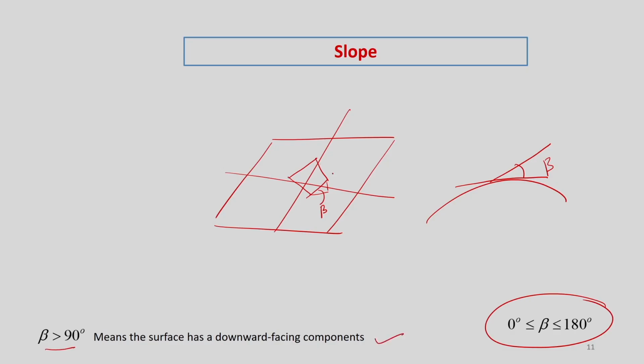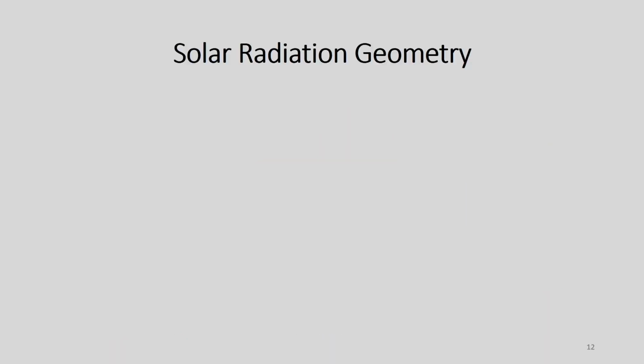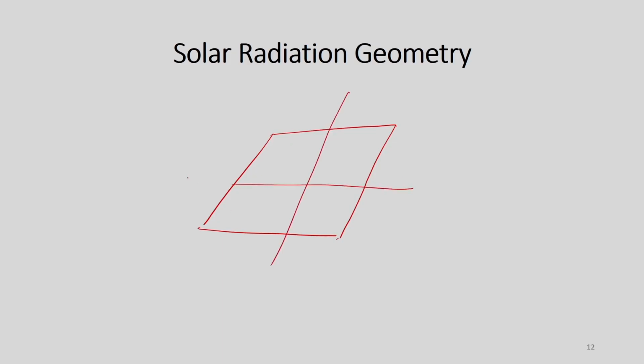So this slope also we learn, and let us combine all the angles and see how it looks. So again I will draw one horizontal surface, and will write this is the north, this is south, east and then west, okay, and we will draw this, and that makes an angle.